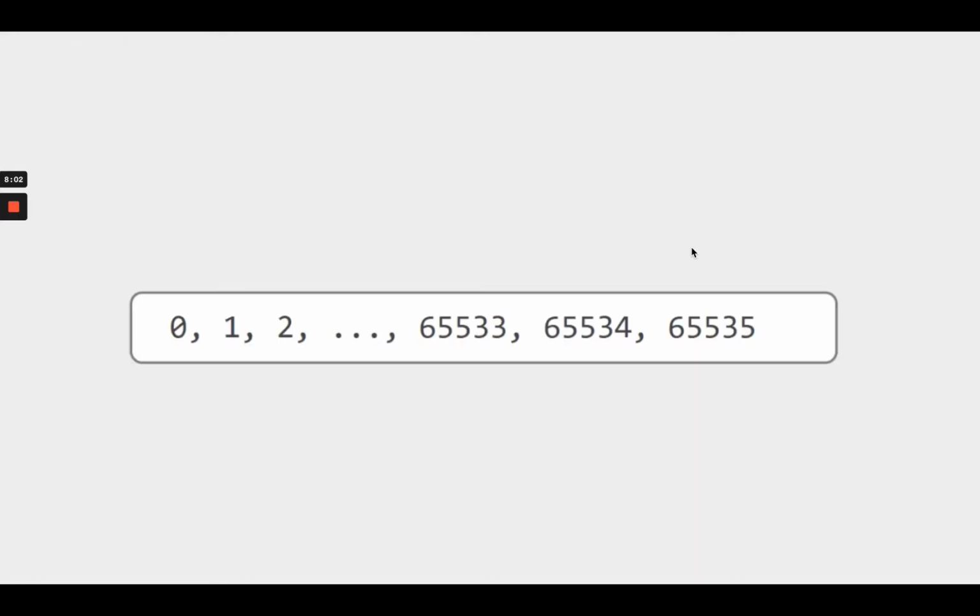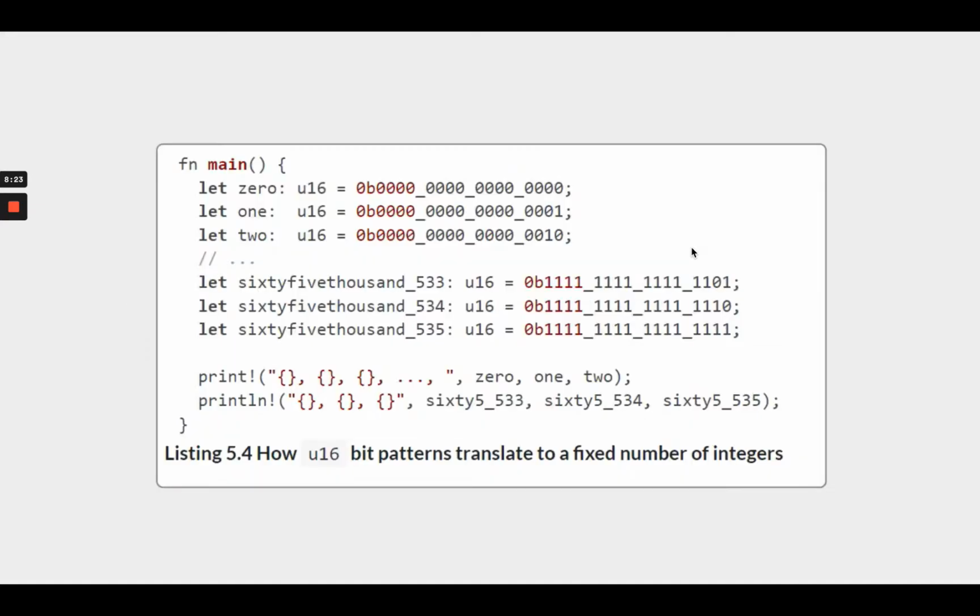To understand why this is such a critical class of bugs, let's look at what's going on under the hood. Listing 5.4, ch5/ch5-bit-patterns.rs, prints 6 numbers with their bit patterns laid out in literal form. When compiled, the listing prints the following short line.